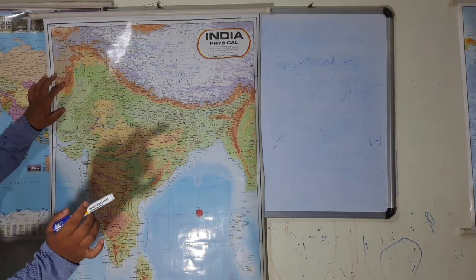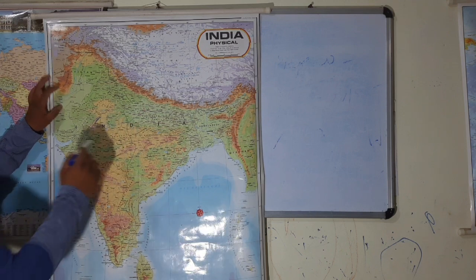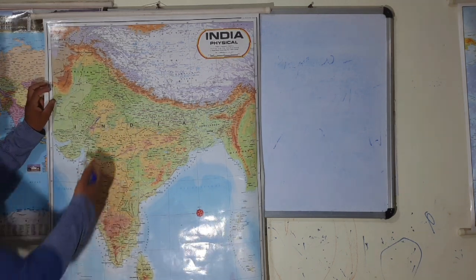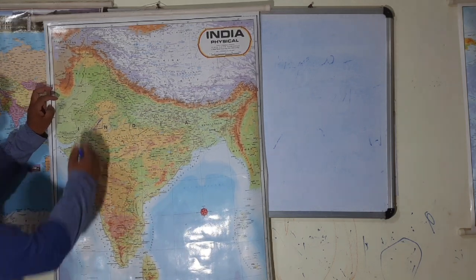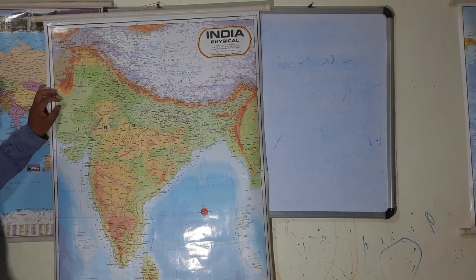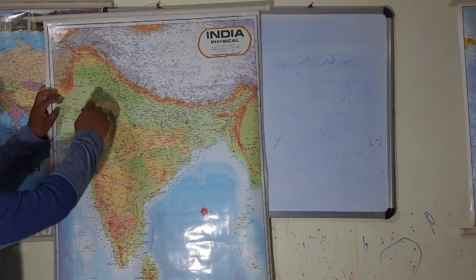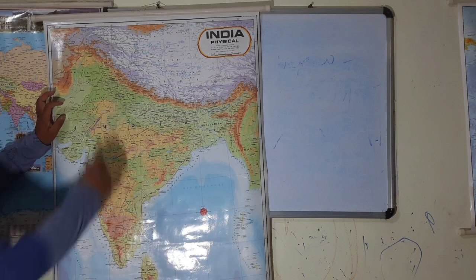Okay, geographically we can say the Malwa plateau is surrounded by the Vindhyan range in the southern part, the Aravalli range in the northwest, and the Delhi Ridge in the northern part. Okay, that is also called the Delhi Ridge.